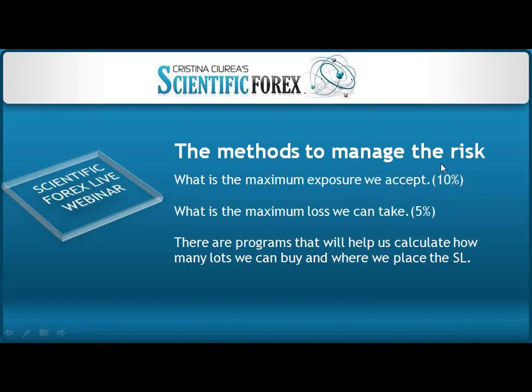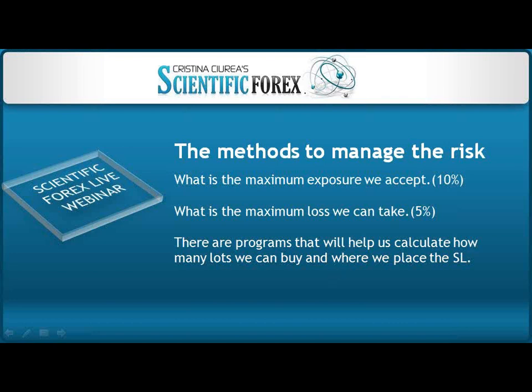With scientific forex system, you have to calculate just the exposure. You have to calculate the margin of the position that you are going into the trade. And about the stop loss, if you are looking for the Fibonacci levels and Bollinger Band, you will never be at 5% risk on stop loss.